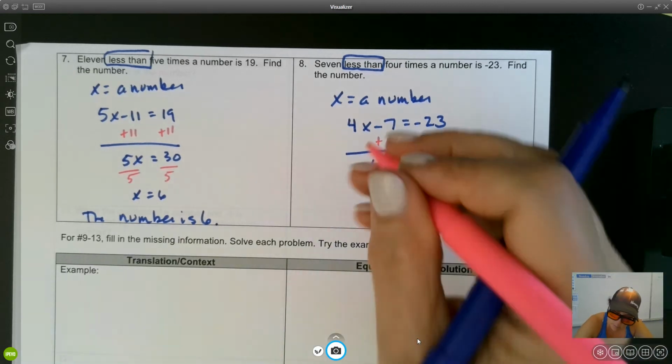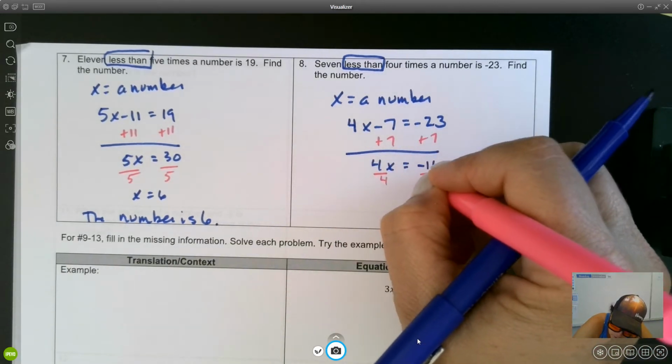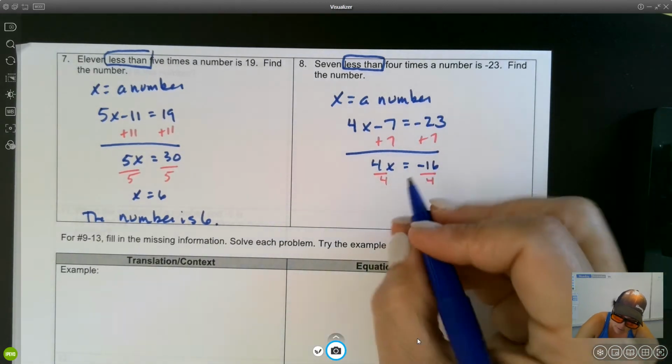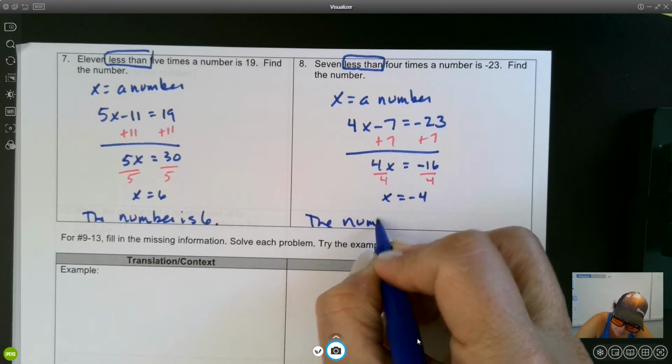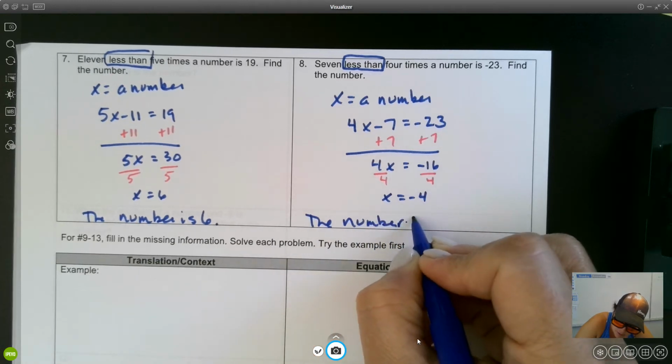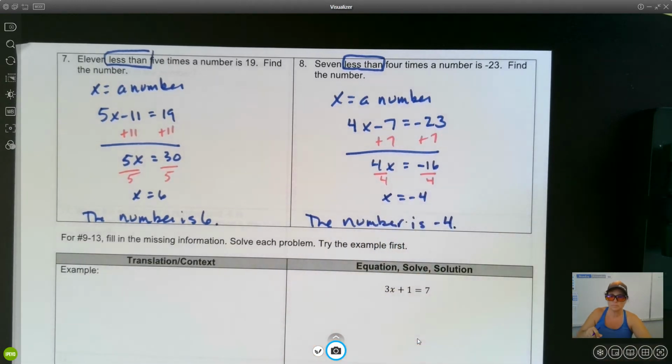Let's go ahead and divide by 4, take a fourth of both sides. x equals negative 4. So the number is negative 4. All right, that's those kinds of problems.